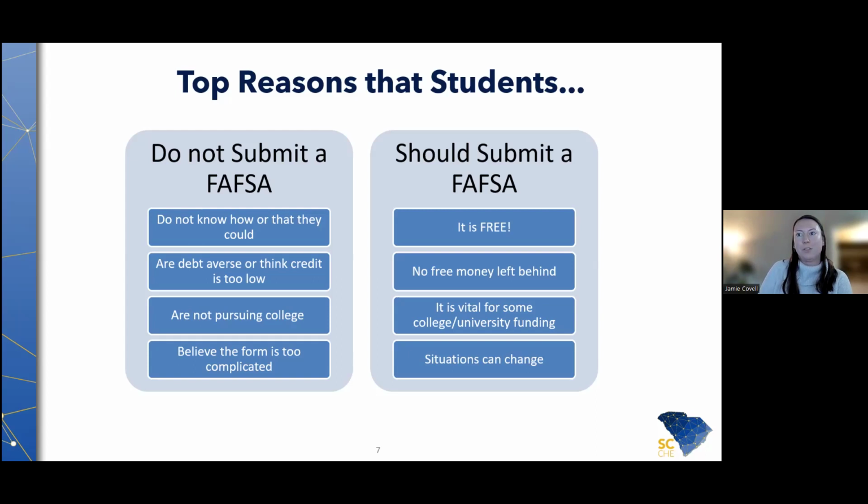But another one is that once they complete it, they might receive aid that they didn't even know they were eligible for, which could kind of change their mind or outlook on what they're wanting to pursue after high school. Because now they might see it might be more affordable for them to go do something than what their original plan was. So just some ways to encourage completing that, even if their plan is different.